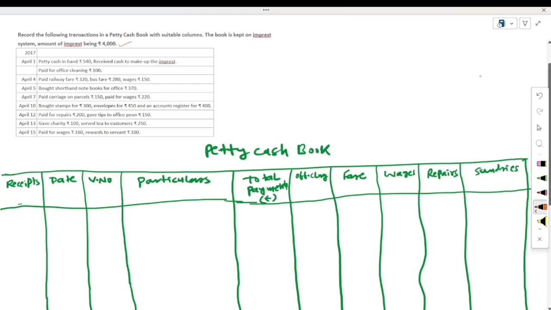What do you mean by the term imprest system? The imprest system is a system in petty cash under which an estimate is made of the amount required for petty cash expenses for a period, like a week or a month. This estimated amount is given to the petty cashier at the beginning of that period. It may be the beginning of the week if you are maintaining weekly, or the beginning of the month if you are maintaining monthly.